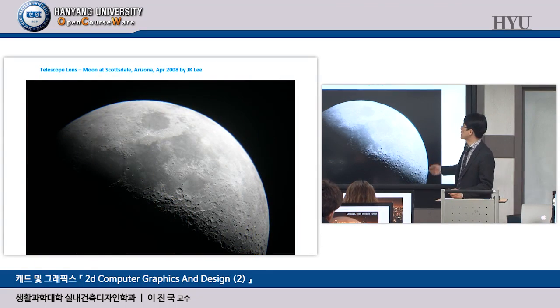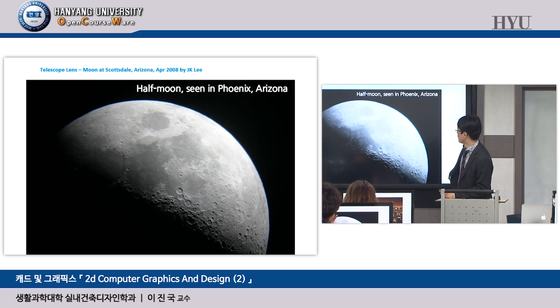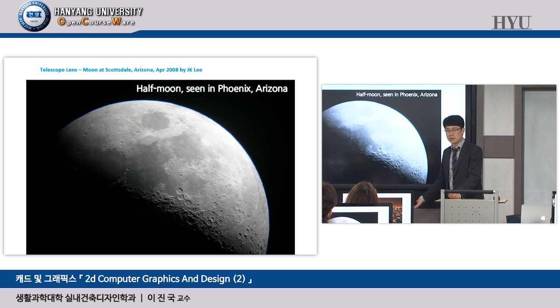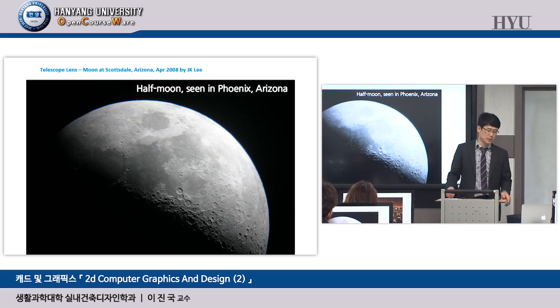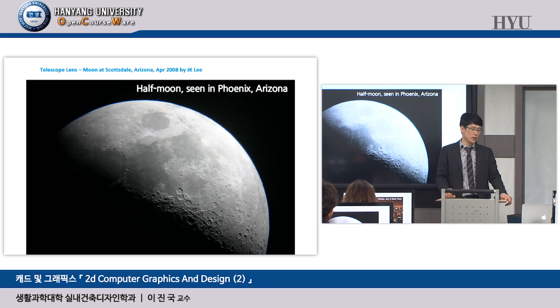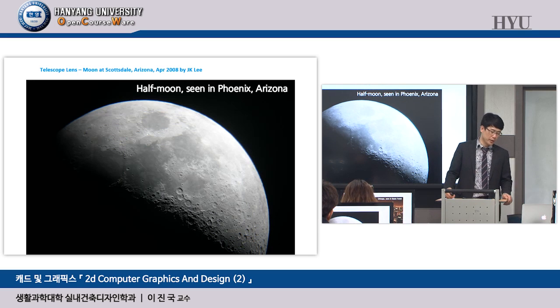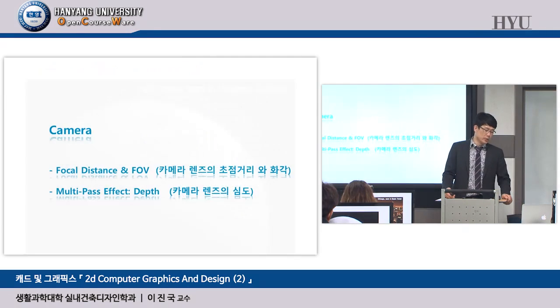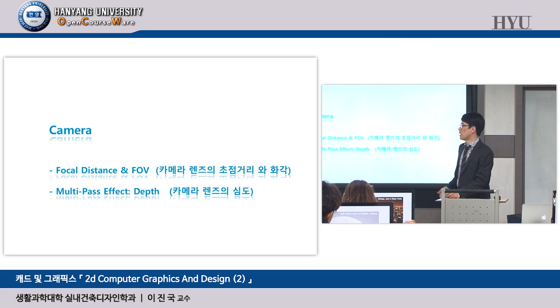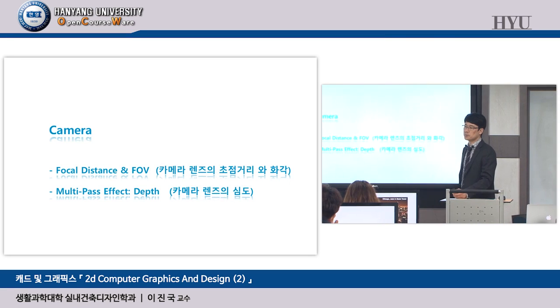And I took this picture at Arizona, Scottsdale, using telescope lens, okay? Ultra wide lens versus telescope lens. That's exactly what you are looking at today. And we need to take a look at some camera and lens issues.